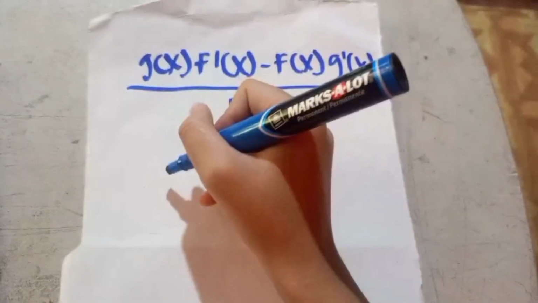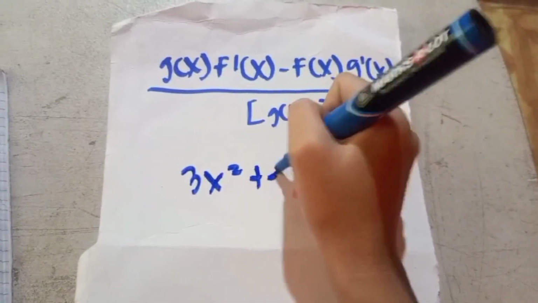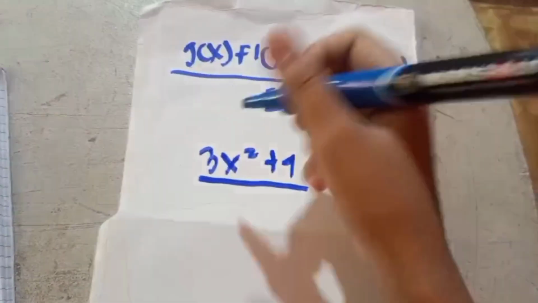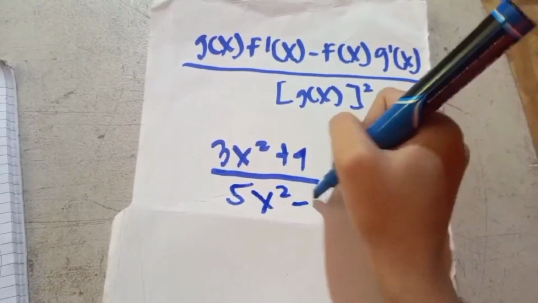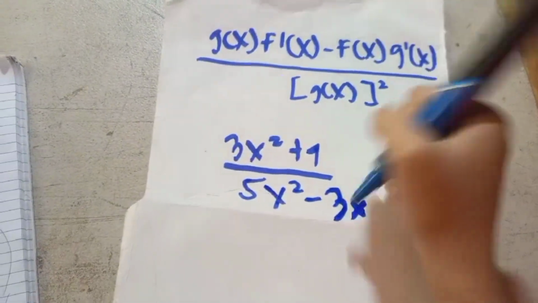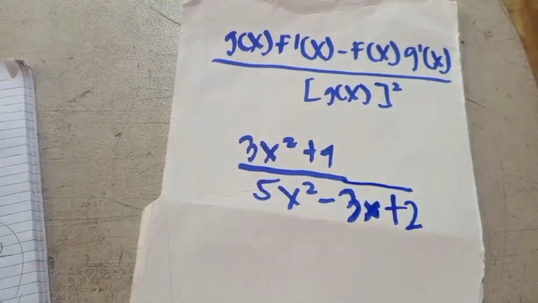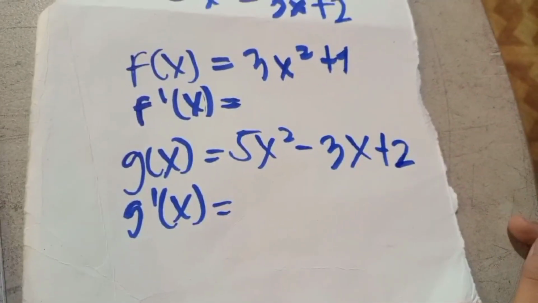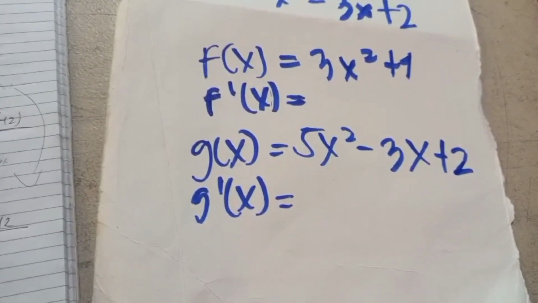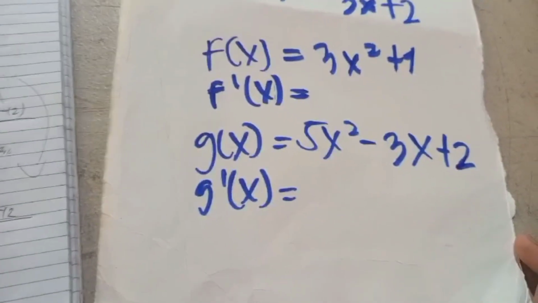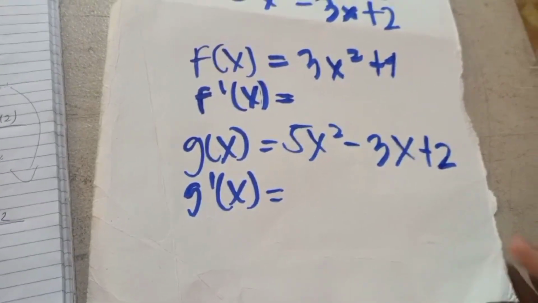So here is the example: 3x squared plus 4 over 5x squared minus 3x plus 2. First is to find the derivative of f(x) and g(x). To find the derivative, we multiply the exponent by the coefficient and reduce the exponent by 1.